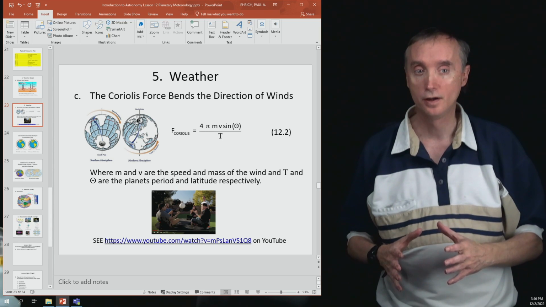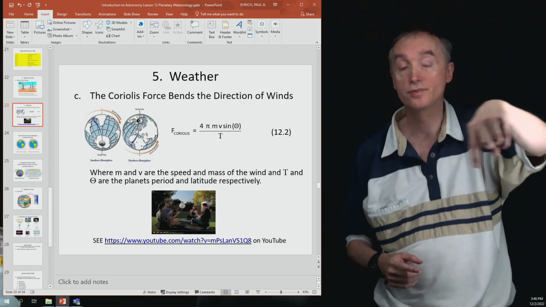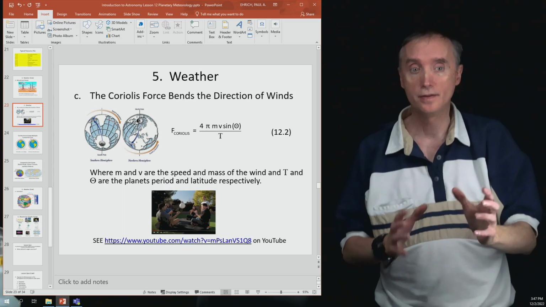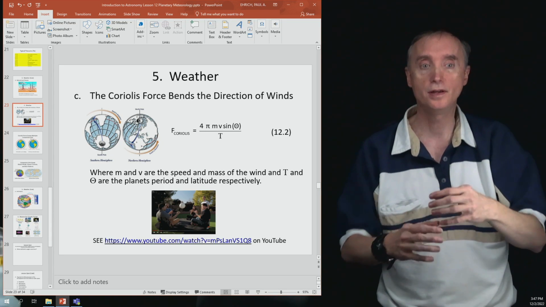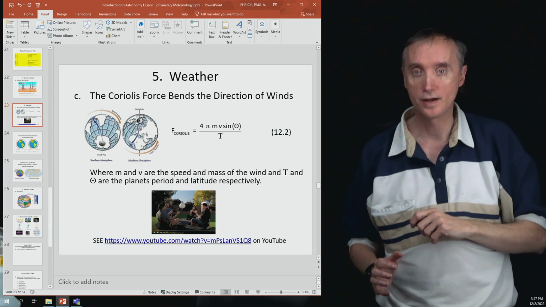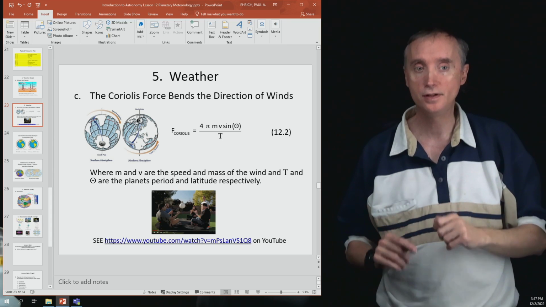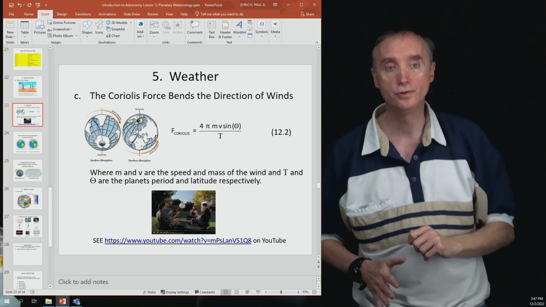No big deal. But then they started to rotate the platform, and she tried to throw it straight, but it appeared that it veered off course. Now, in fact, it really did go straight. It was kind of an optical illusion.